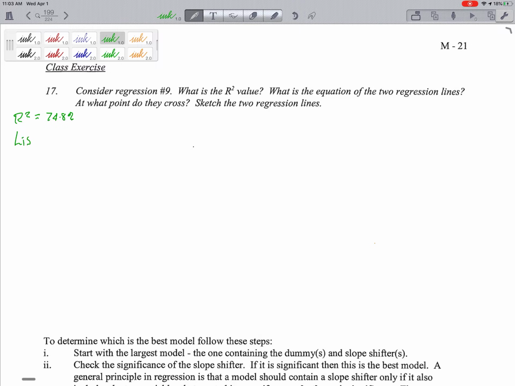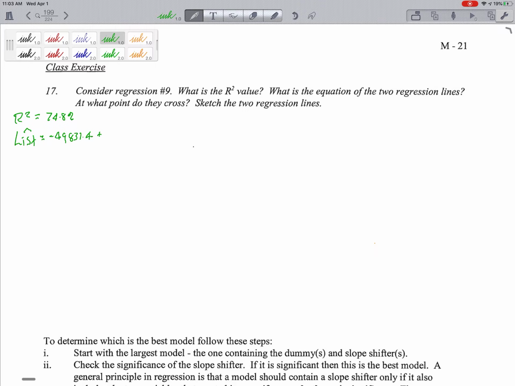Here's the equation, just looking at the coefficients column from regression number 9. And we've got here minus 49,831.46. And you know what, that's good.